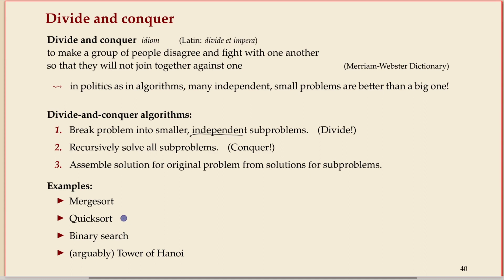And quicksort is a bit the opposite way around. We spend a lot of time dividing. With partition, we do the main effort up front, and then we obtain the subproblems as the output of the partition. And binary search, you could say, is also a kind of divide and conquer, but you only follow through with one of the subproblems. If you want, you can put it in the same framework.